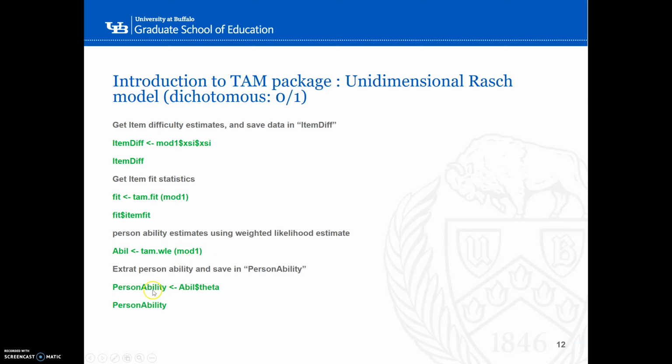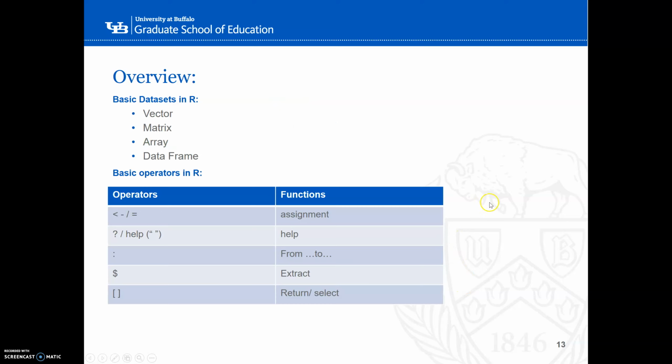And then if we just want to look at person ability rather than others, we need to extract person ability from the entire results. So we use the $ sign again. Okay, so before the overview, I will start RStudio and do practices with you all together.